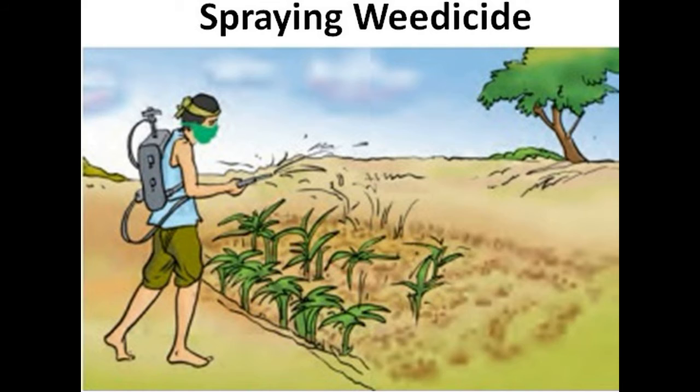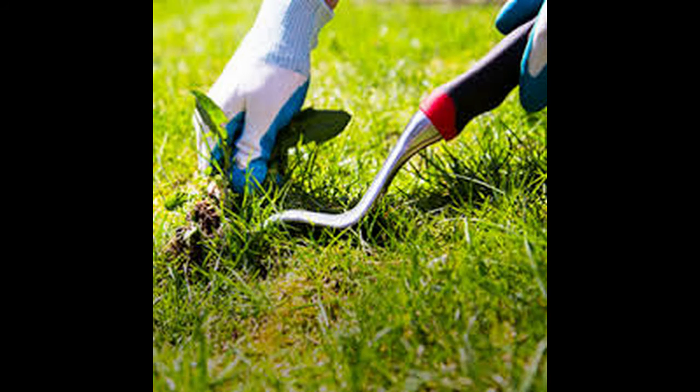One way is, as we saw during plowing, the weeds already present are mixed with the soil and go under the soil. Another way is to take them out manually. The best time for the removal of weeds is before they produce flowers and seeds.